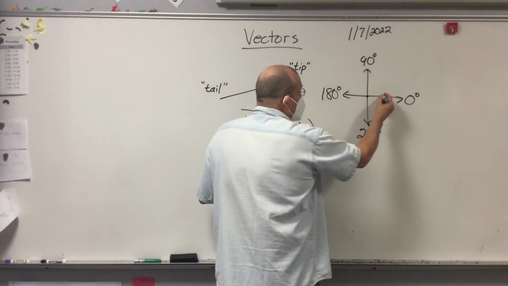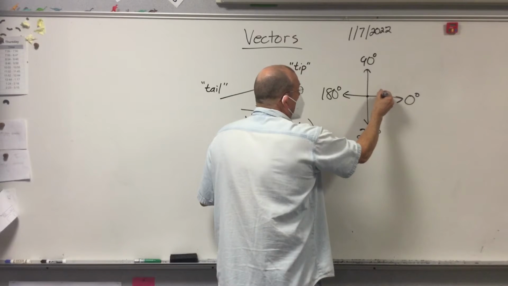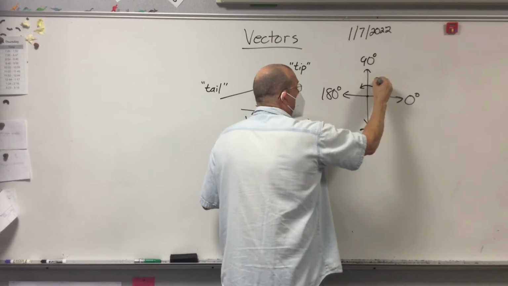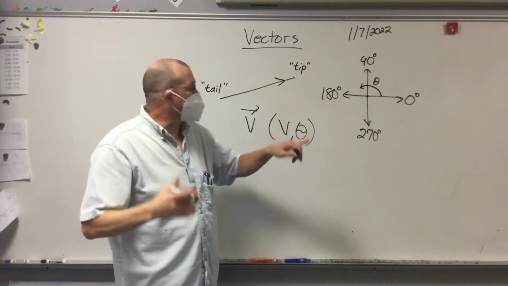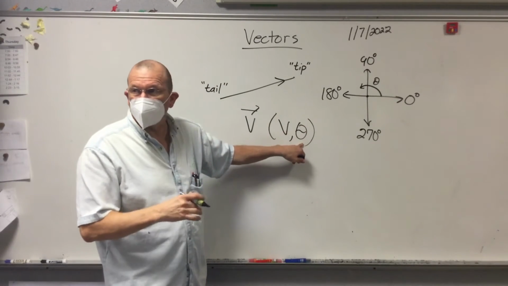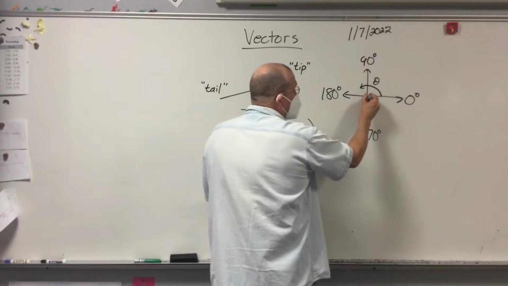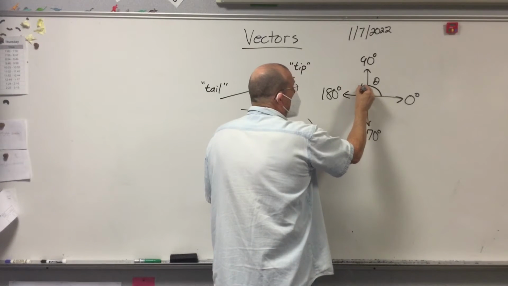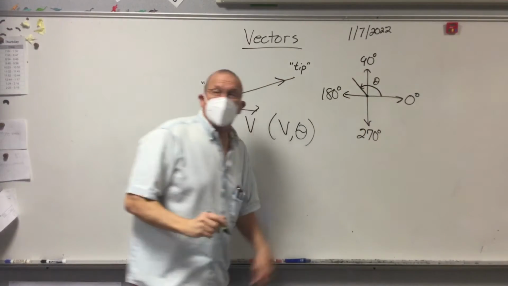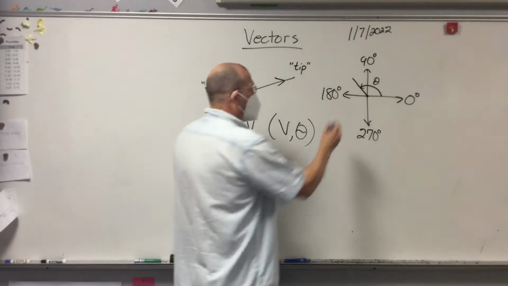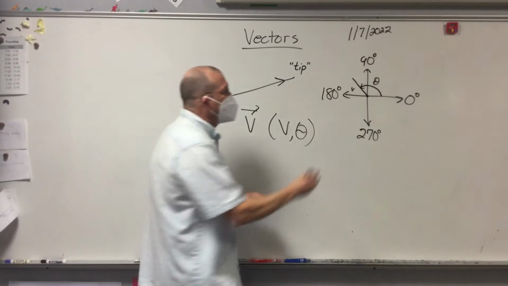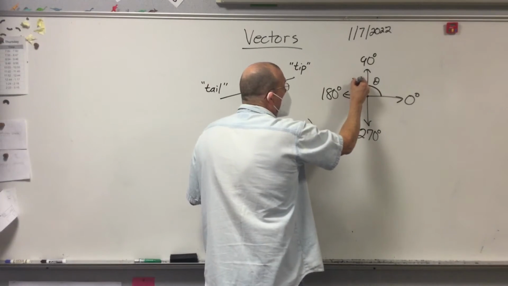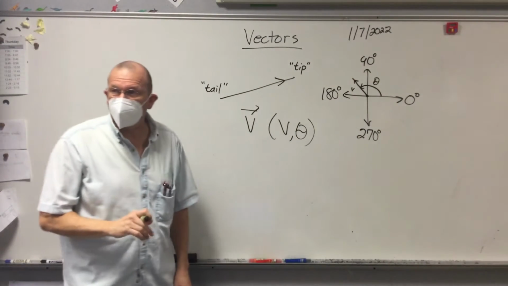So let's say the angle was that right there. Once you establish the appropriate angle for your vector, then using your ruler, you just draw a line that would be the appropriate length, which is represented by the V, and then you put a tip on it.